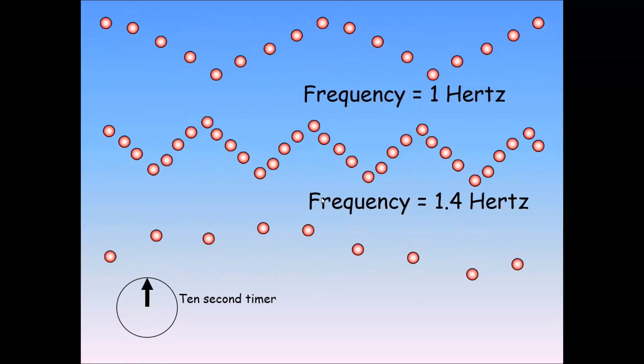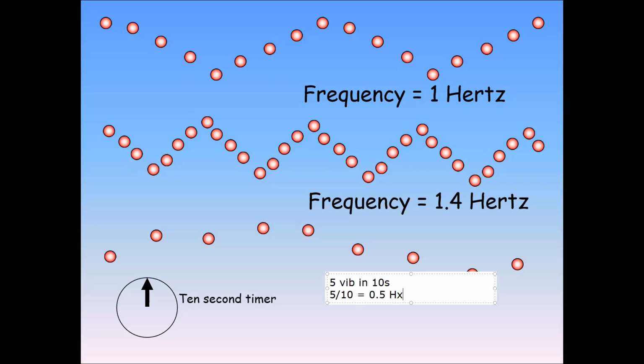Yes, it is 5 vibrations. So actually it's 5 vibrations in 10 seconds, but the frequency means number of vibrations per second. So it will be 5 divided by 10, which is equal to 0.5 hertz.